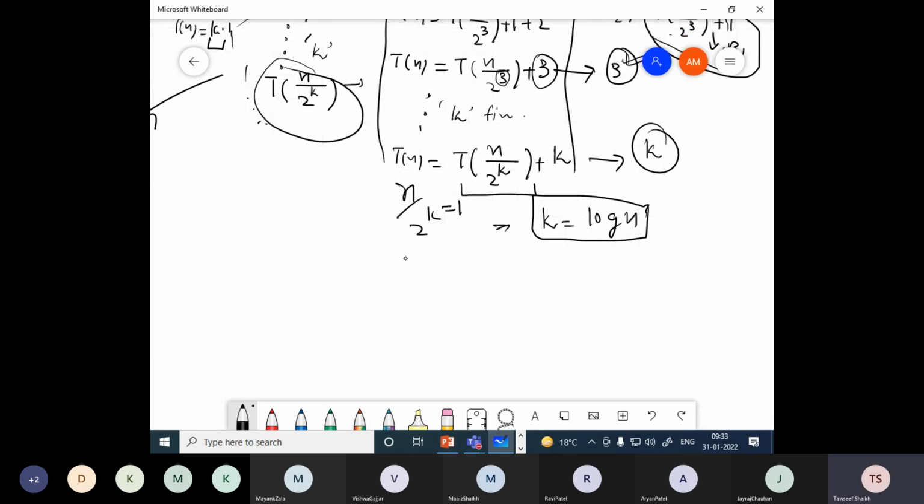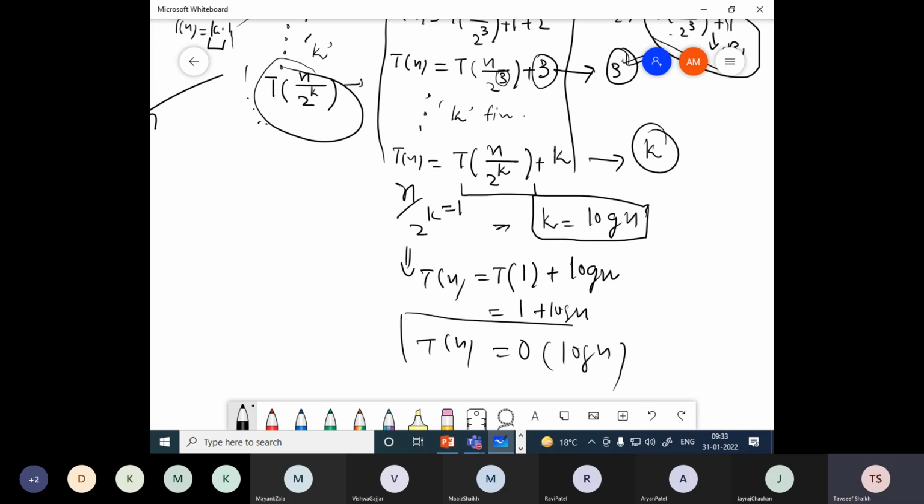So T(n) is equal to T(n/2^k), which is 1, plus, in place of k, log n. So T(n) is equal to 1 + log n. That's again the order of log n, which we got from this method also, that's from the recursive tree method.